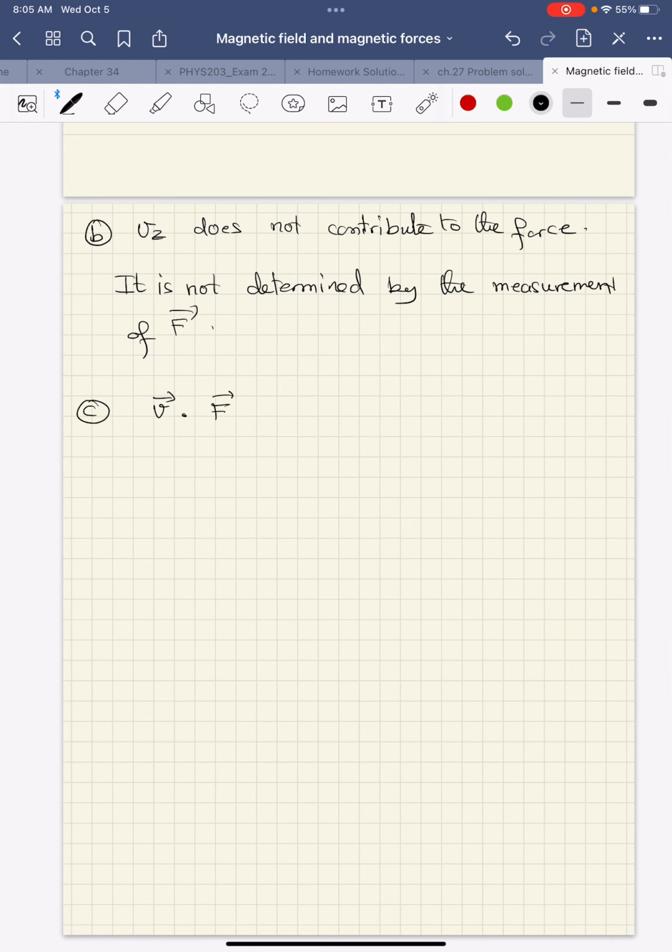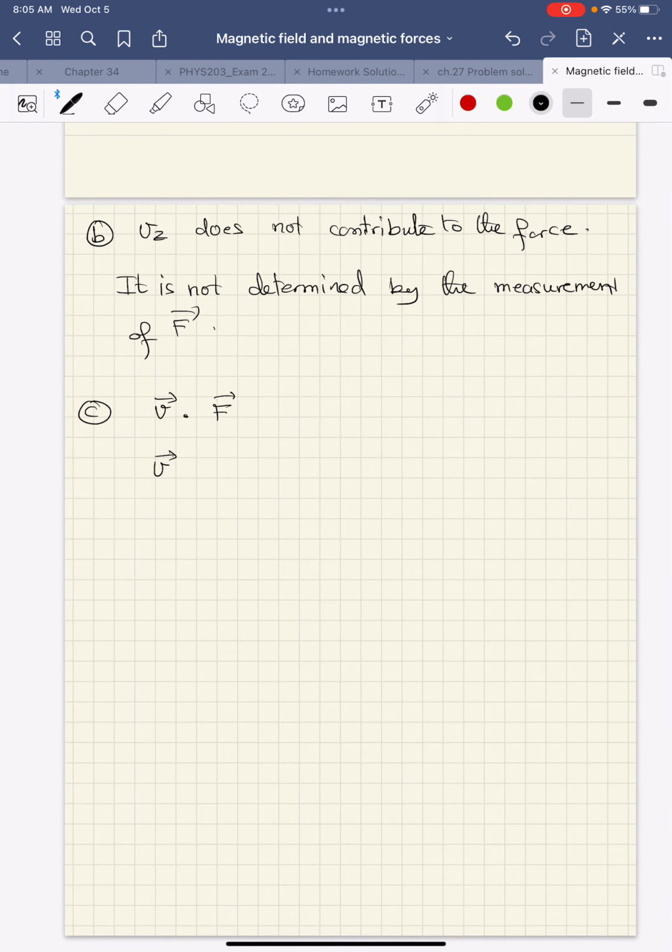These are perpendicular vectors, and we know that when we have two perpendicular vectors and make a dot product, it should be 0.